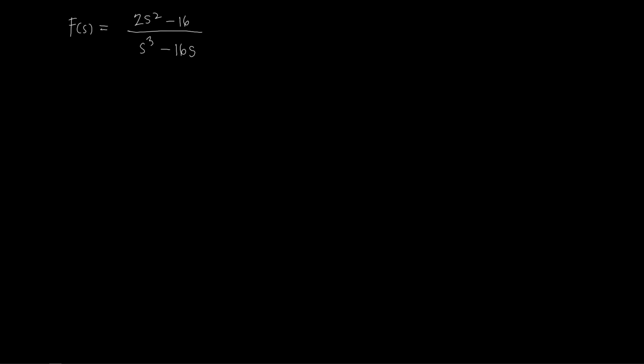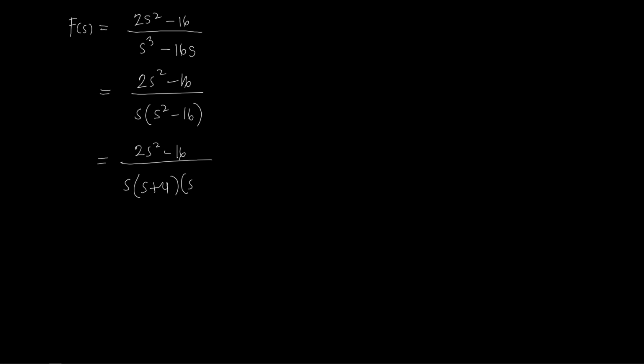It's not a square. Factor out s, right? So it becomes 2s squared minus 16 over s times s squared minus 16. Right? Yes, sir. What is that? Difference of two squares, sir. So we have 2s squared minus 16 over s times s plus 4 times s minus 4.